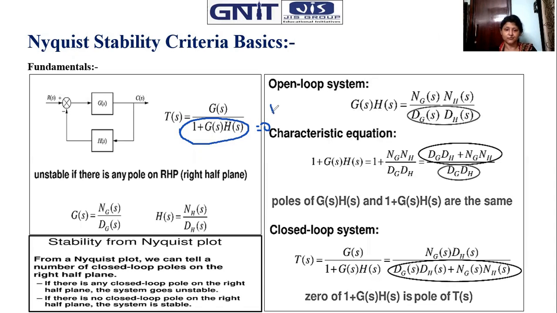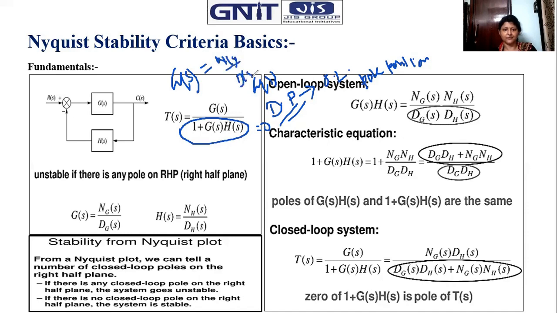Okay. Now what is Nyquist stability criteria basics? See, whenever we talk about the open loop system, its transfer function is represented mainly by G(s). This is our process or plant. Now if feedback is applied, we get the closed loop transfer function, which, if negative feedback is considered, is G(s) divided by 1 plus G(s).